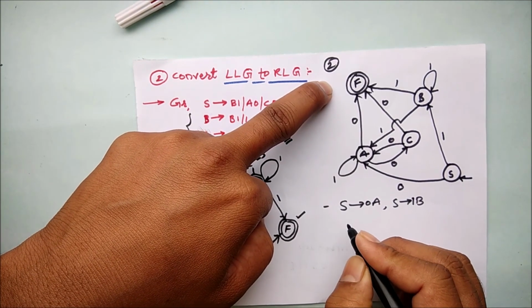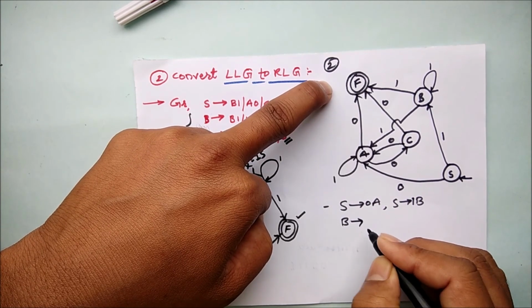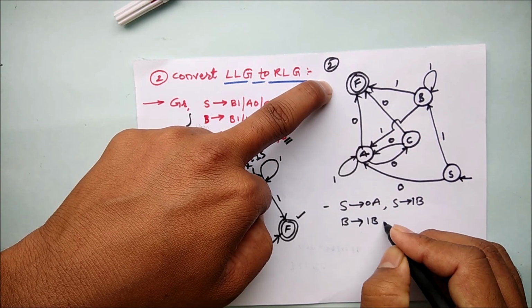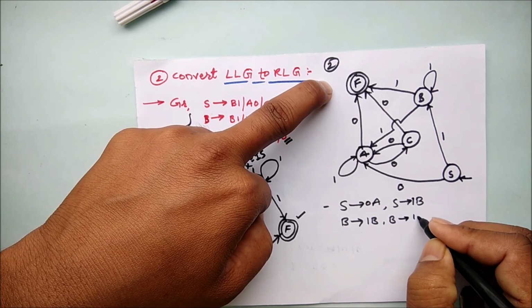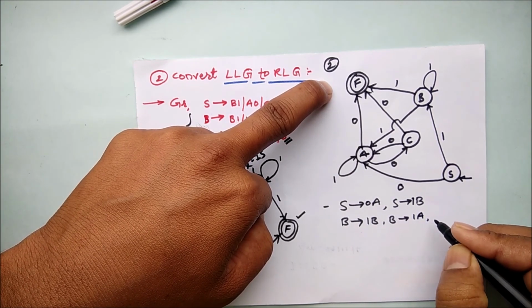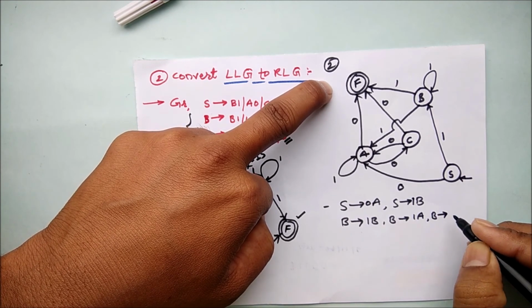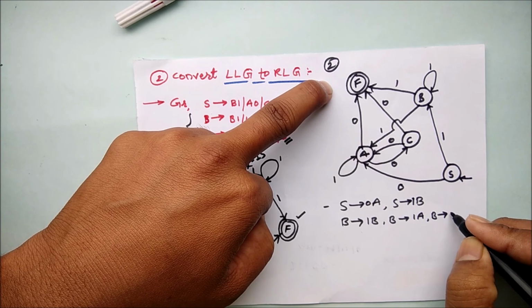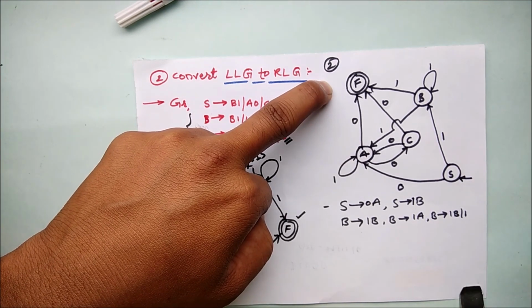Now let's move on to B. So B gives 1B, B gives 1A, as well as B goes to the final state. So what I can write here is 1B slash 1, right?